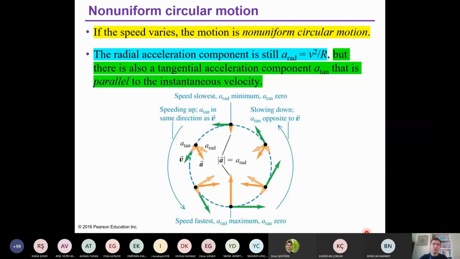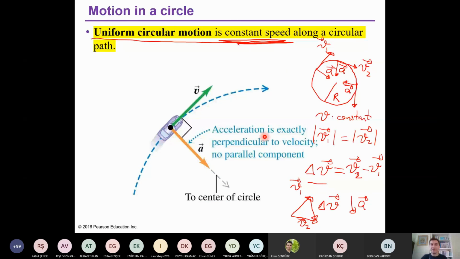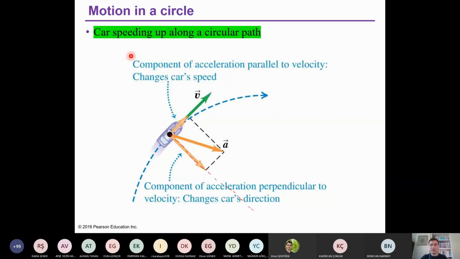So now we have non-uniform circular motion. As I told you in the previous transparencies, if the speed varies, the motion is non-uniform circular motion, okay? Then there are two components of the acceleration. As we have discussed during the previous transparencies, let me go back. Here, for example, this is non-uniform circular motion. So here we have acceleration direction like this.